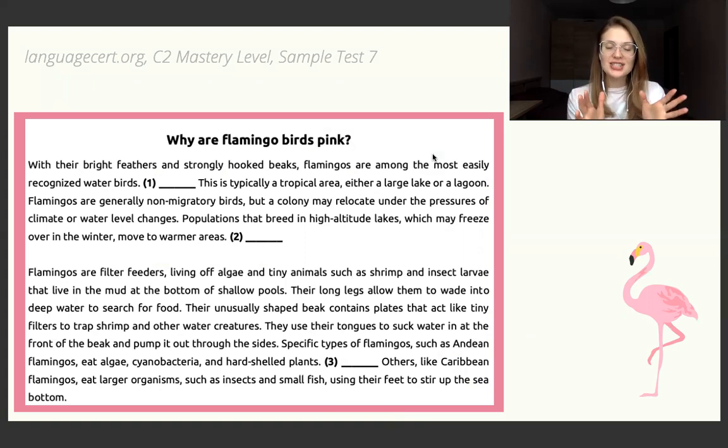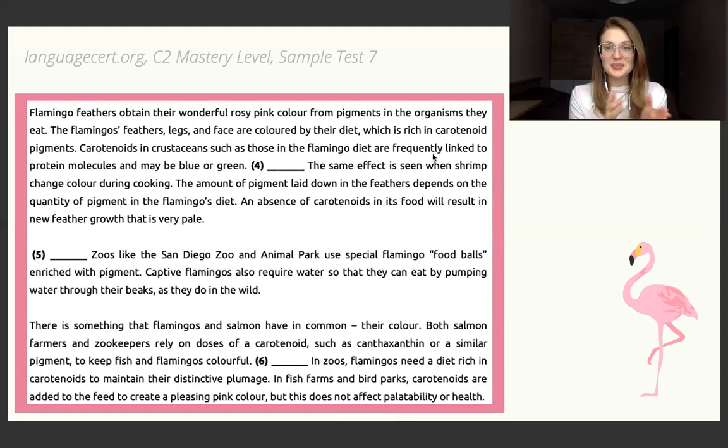So I suggest now that you stop this video to read the text. And I've divided this into two slides. So first stop and read this slide. Okay, and after you've read this slide, here is the next slide, the second part of the text. Pause again, read it, and then we'll talk about this.